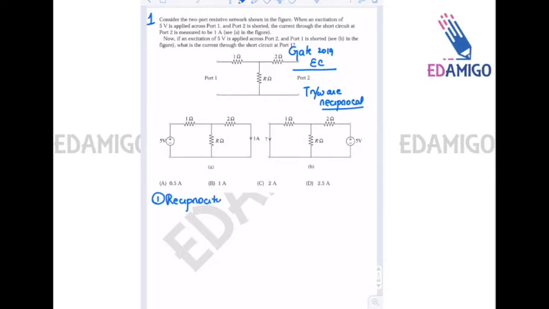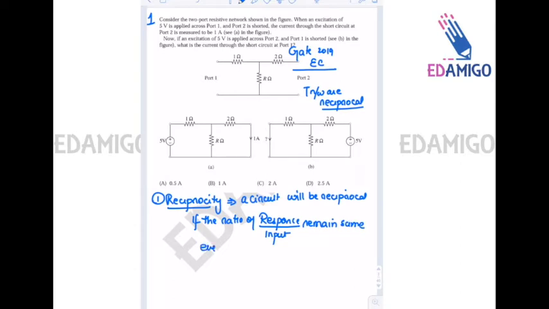In simple words, the reciprocity theorem states that a circuit will be reciprocal if the ratio of response divided by input remains the same even after interchanging the location of response and input.